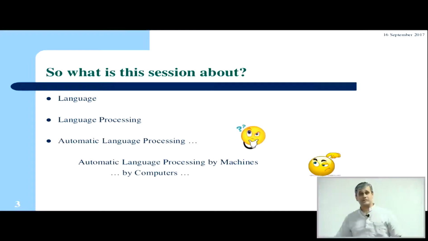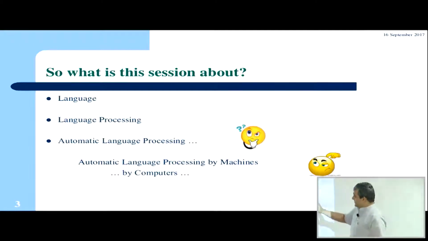You take something, work on it, and give out something, and this is processing. So taking input, doing something, and then giving output, that is simple processing. So language processing would mean all these operations performed on language.